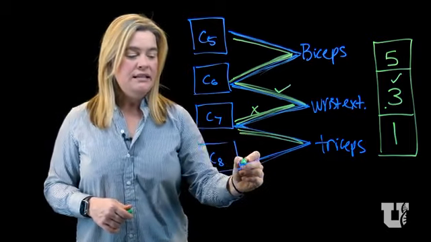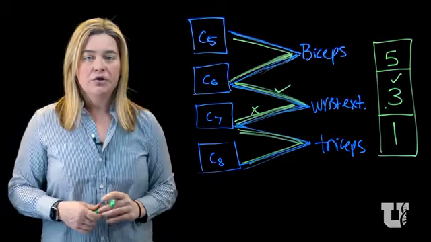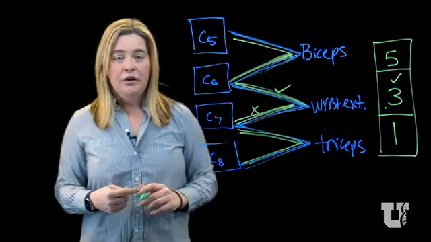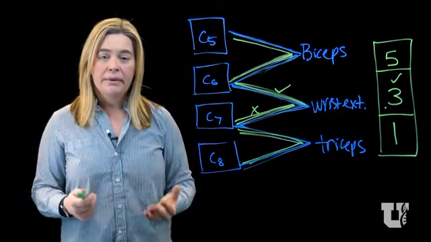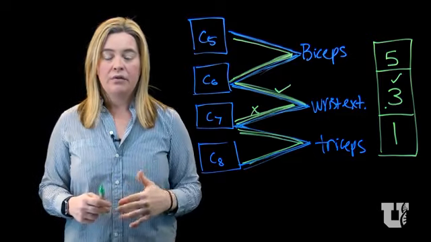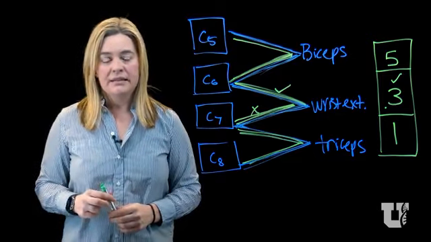So both C7 and C8 have some level of impairment, which is contributing to a motor score of 1 in the triceps. So if you see a 3 or a 4 and there's a 5 directly above it, that can be considered motor normal. So your motor level would be that level that has a 3 or a 4. In this situation, it would be C6.